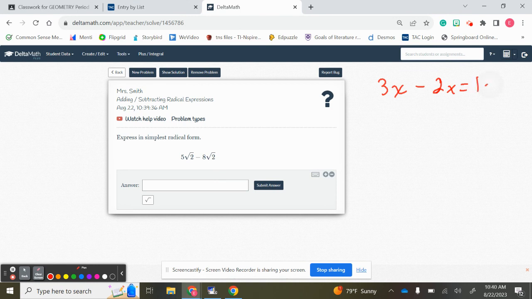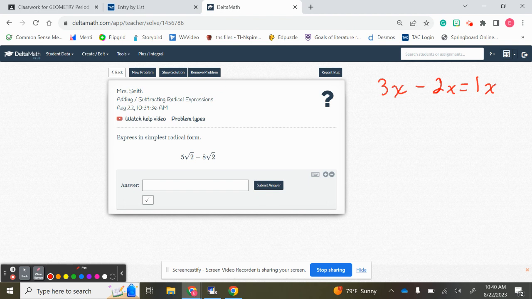And we know it's 1x because 3x and 2x are called what? Like terms, right?